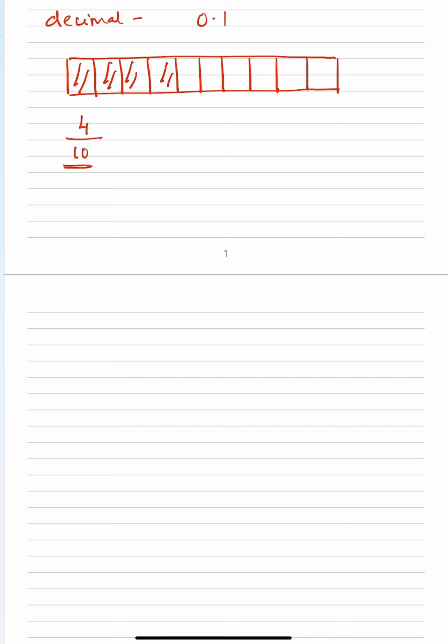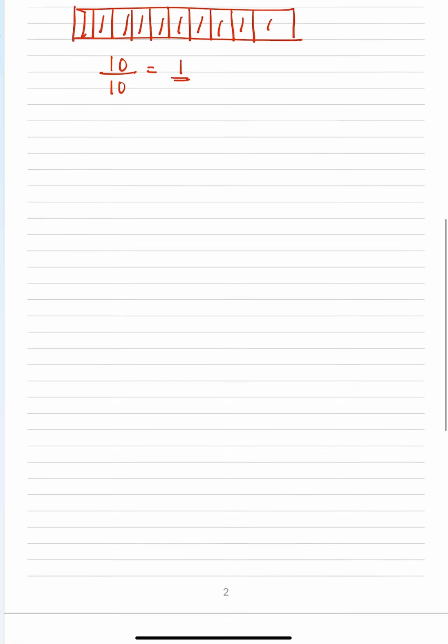In words you will say 4/10, and this is nothing but the fraction. In decimal we will write it as 0.4, because it is 10, so before one digit, starting from the units place, we put the decimal.